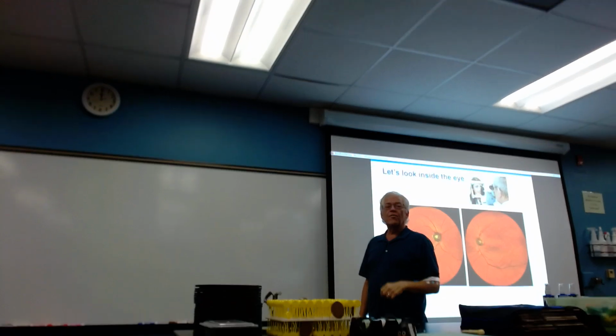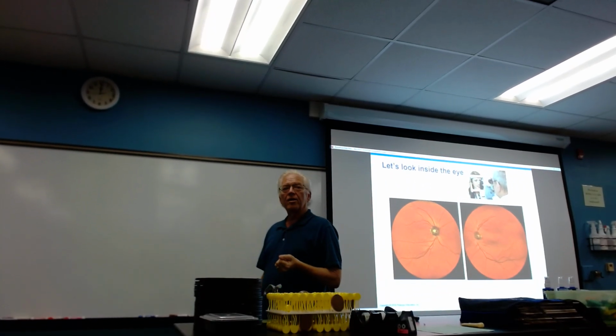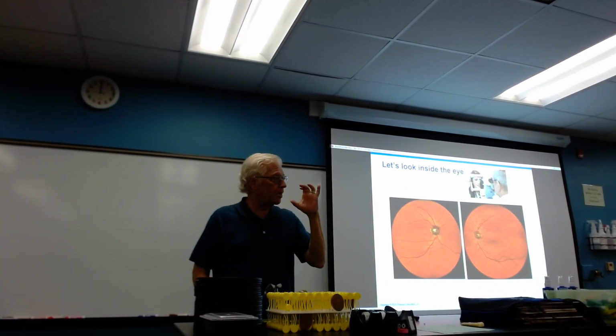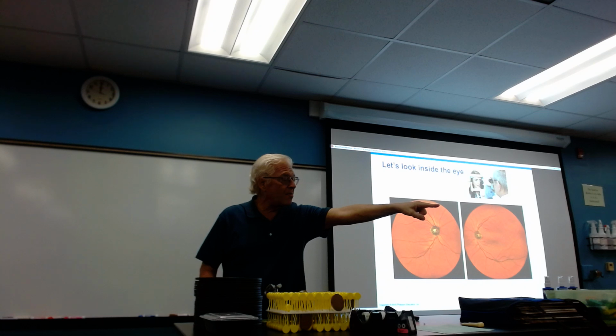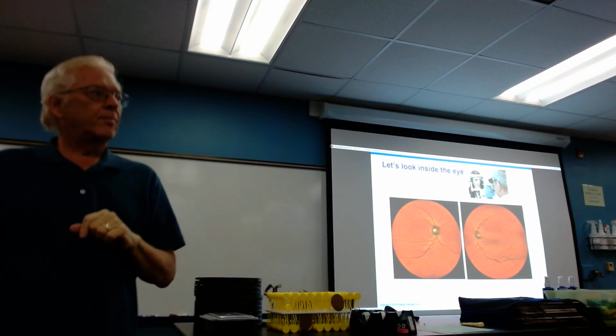So, in the center of your eye is your fovea centralis and your macula lutea. Okay? Find that in the back of your plastic model's eye. Take a pencil, straight from the cornea, straight from your pupil back.